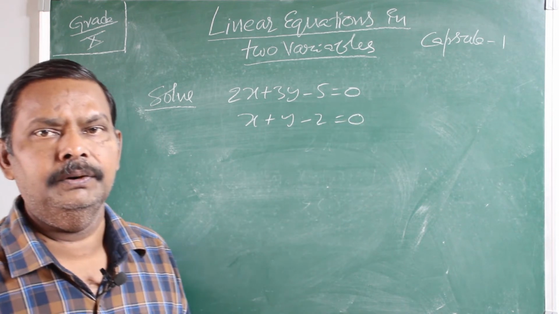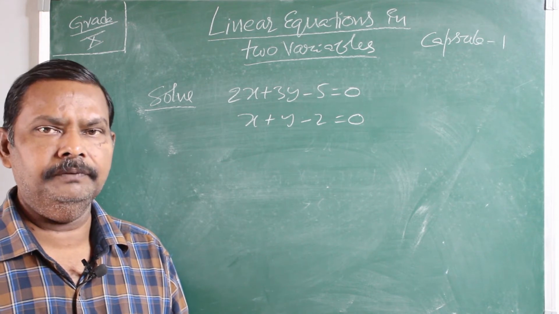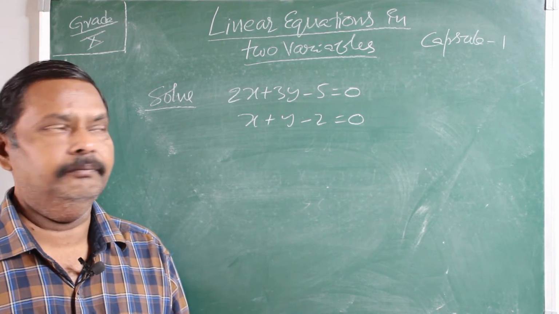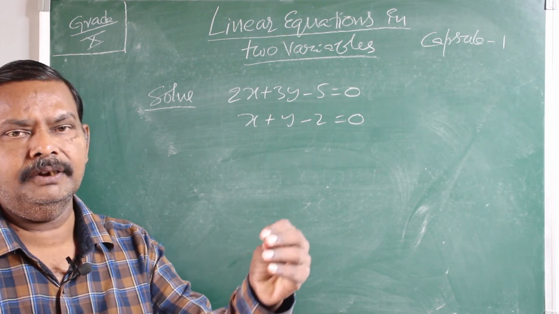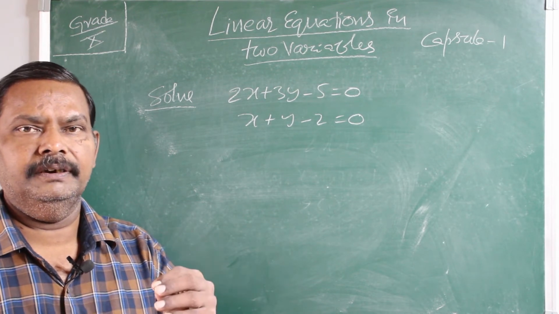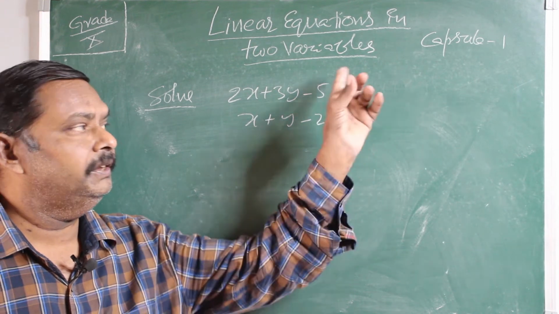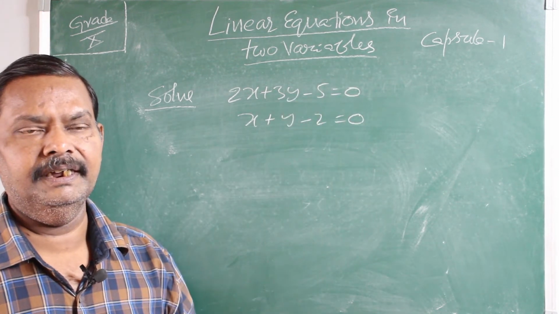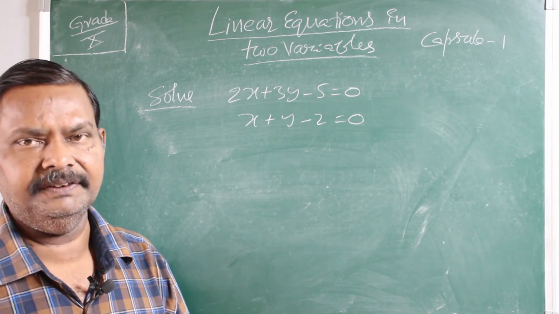they have given two equations, 2x + 3y - 5 = 0 and x + y - 2 = 0. And the thing is, we have to solve the two equations such that the solution x value, y value should satisfy the two equations simultaneously. Now how to do that? For that there are different methods.